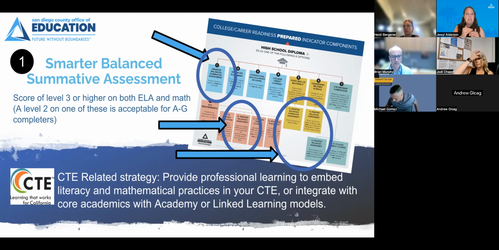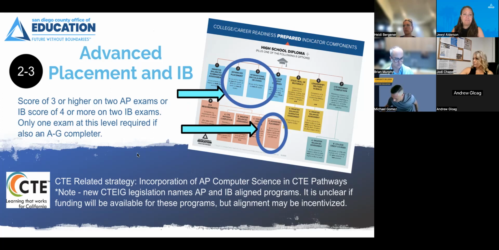So that they don't have to know what all of the standards are for every academic subject. But if there are tools on your campus already that your students are used to, then make sure that your CTE teachers have access to those tools along the way. So that would be a potential strategy in your grant.